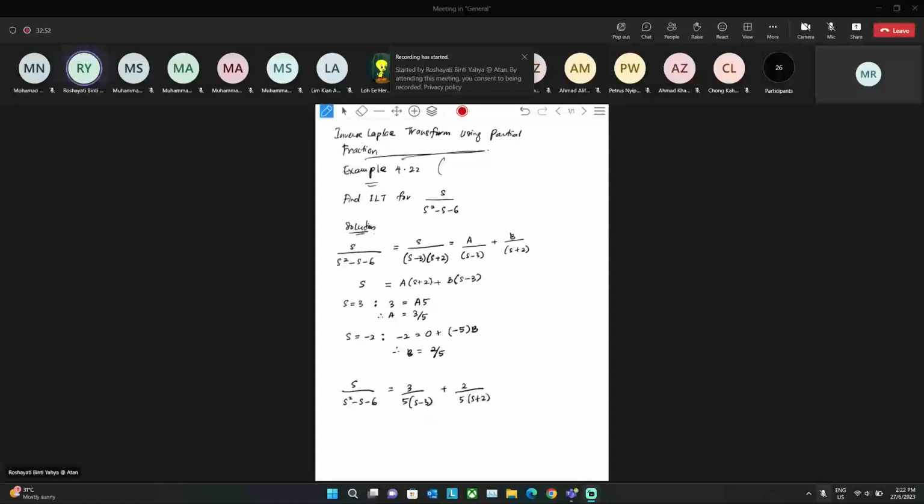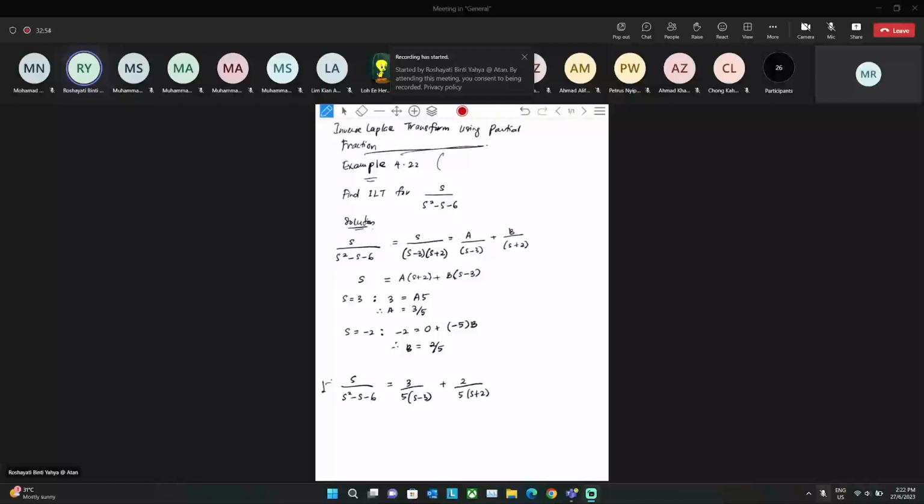So the inverse Laplace transform for this equals the inverse Laplace transform on your right hand side.